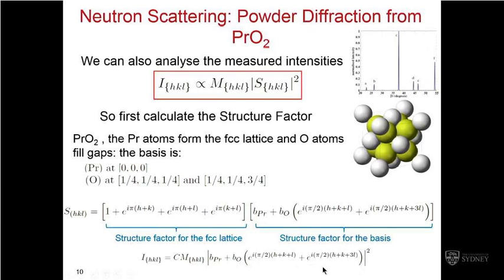And this is obtained here, these expressions, by substituting in the positions for where these atoms are. Okay, so the praseodymium atom is located at the origin, and then the oxygen atoms are located at these positions here. That's how we get these exponential terms here.